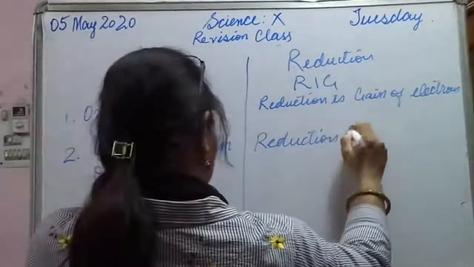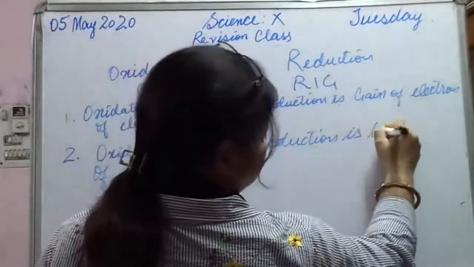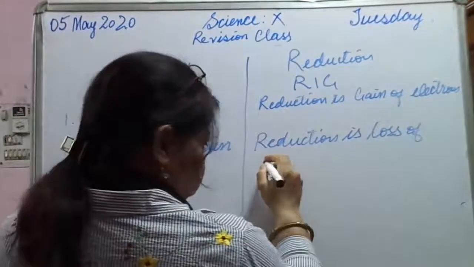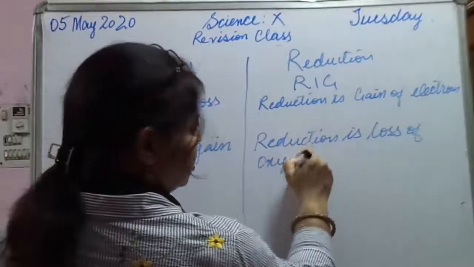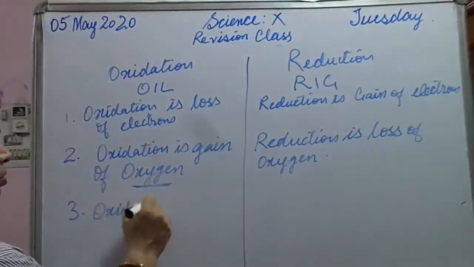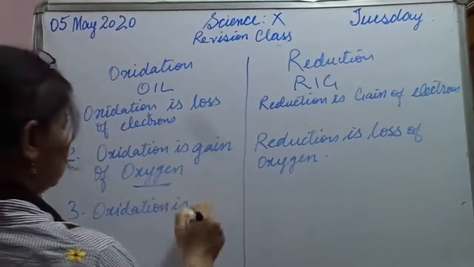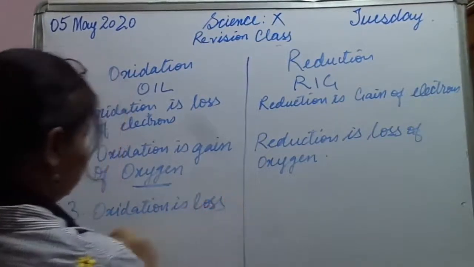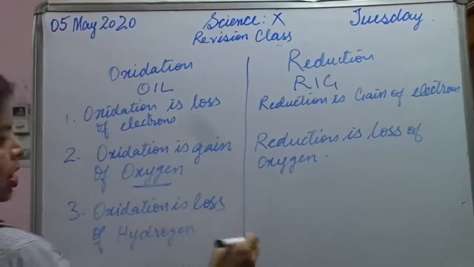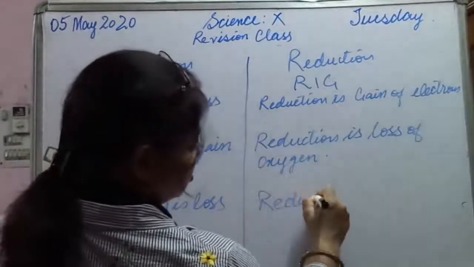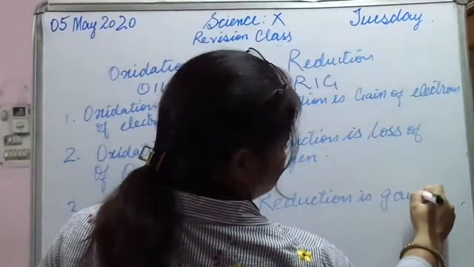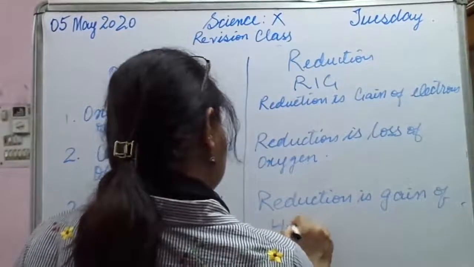Reduction is loss of oxygen. Third one: oxidation is loss of hydrogen, and reduction is gain of hydrogen.